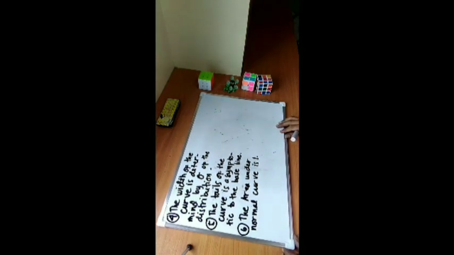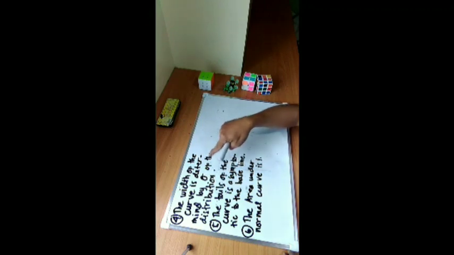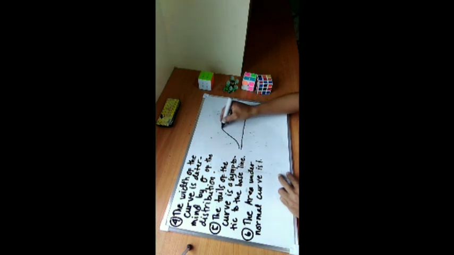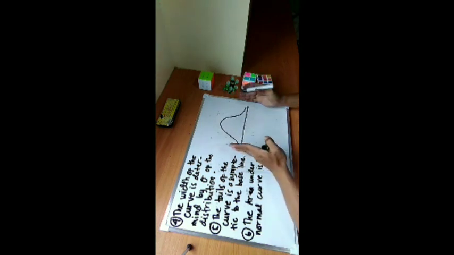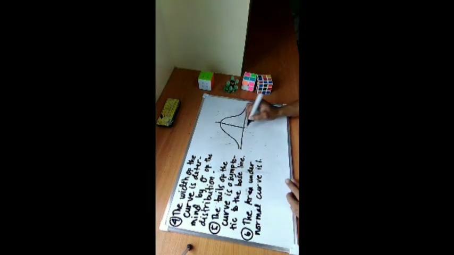Let's continue. Number 4. The width of the curve is determined by the standard deviation of the distribution. Now, the width, which means the thickness of the curve, is determined by the standard deviation.